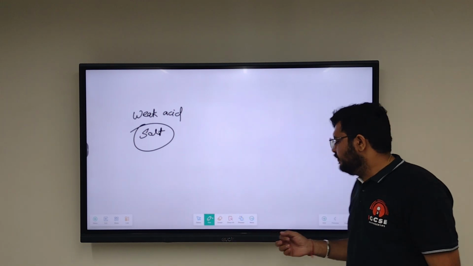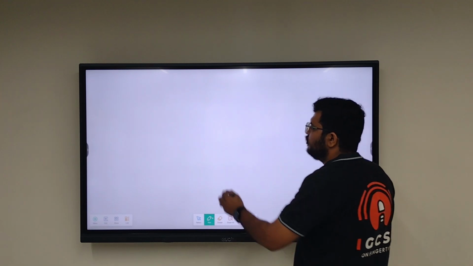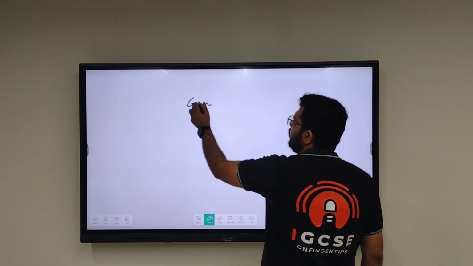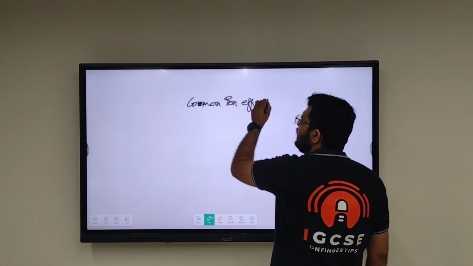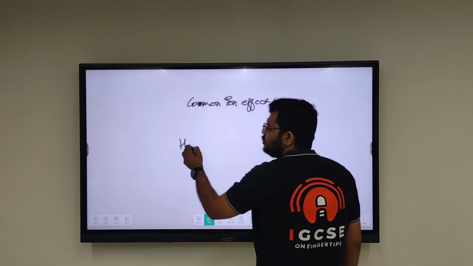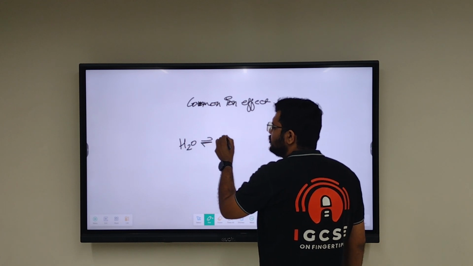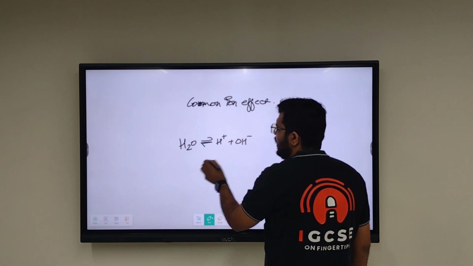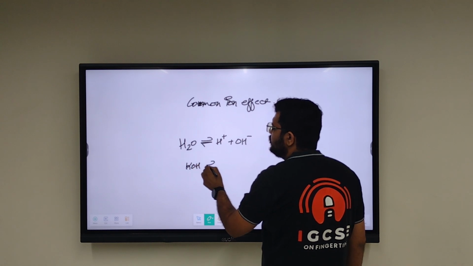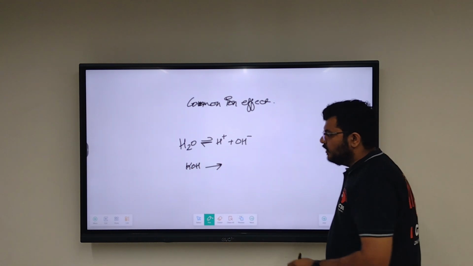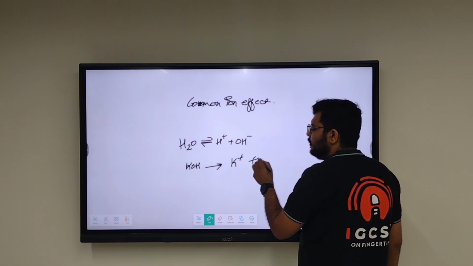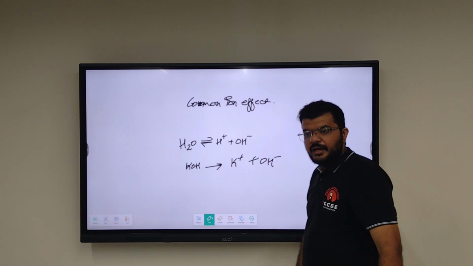Even before how a buffer solution works, let's also look at the common ion effect, right? We have already indirectly understood the common ion effect. H2O was dissociating to H plus and OH minus ions, and if I add KOH to this solution, because KOH is a strong base, what will happen? It will dissociate to K plus and OH minus.